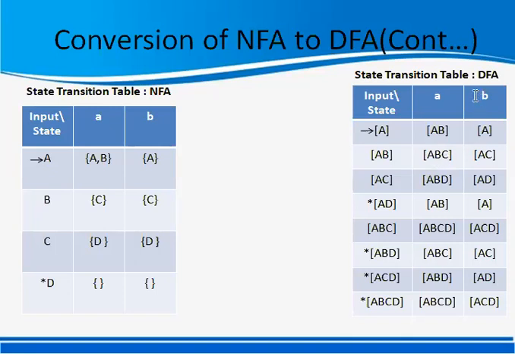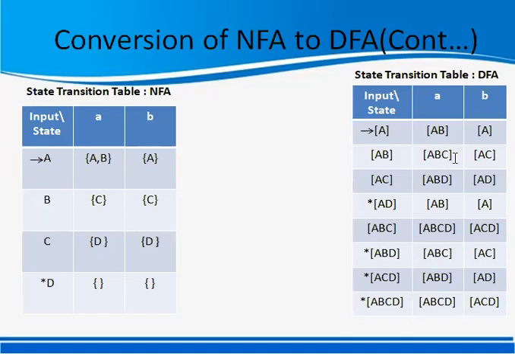Now on input small b, we will take the union of AB, so it will give AC. So we have written here AC. Now we have seen transitions on AB and A. The states which are left are AC and ABC.